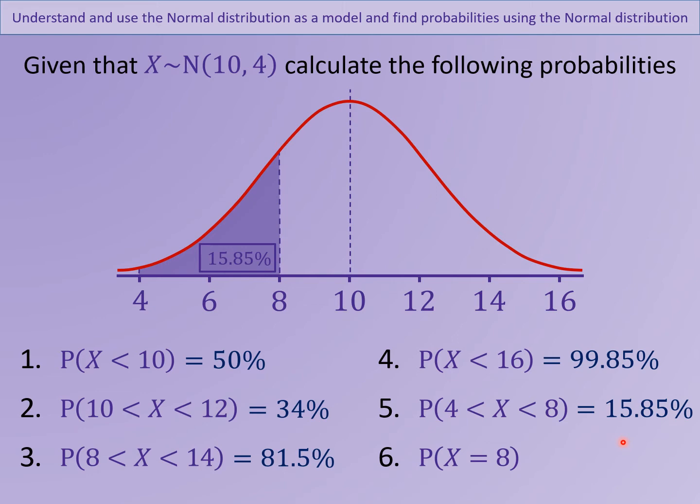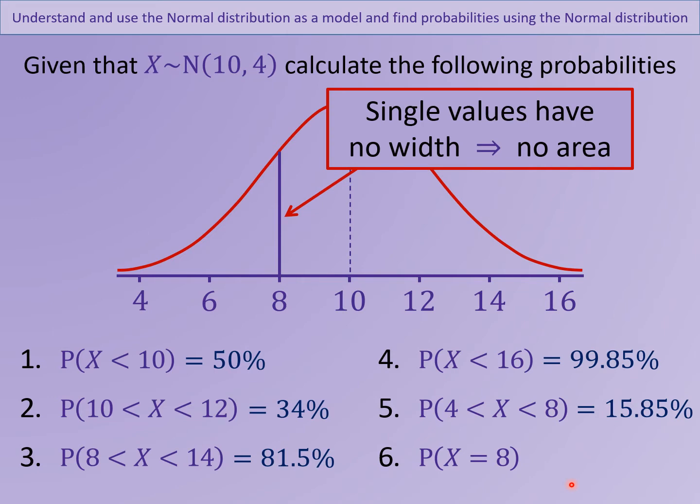Okay. Then the last question is quite interesting. What's the probability of getting exactly 8? So the probability of getting exactly 8, just there, is going to be the area under just 8. Now 8 does not have a thickness. So because it doesn't have a thickness, you're going to end up timesing by 0. And anything times by 0 is always going to be 0.